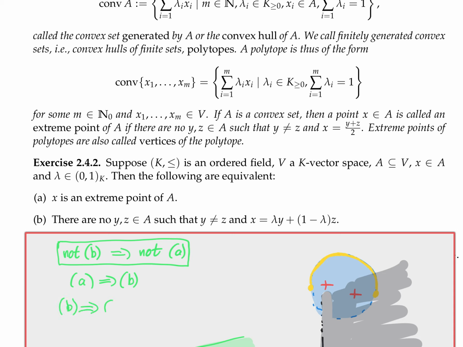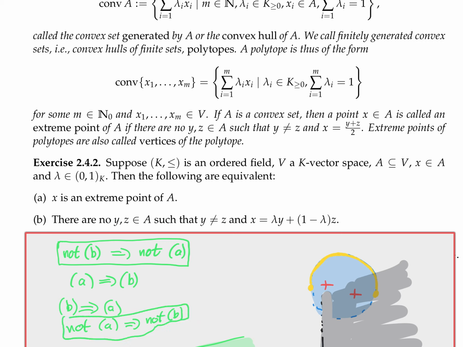For B implies A, instead of B implies A, you can prove that not A implies not B. That's the same thing, right?